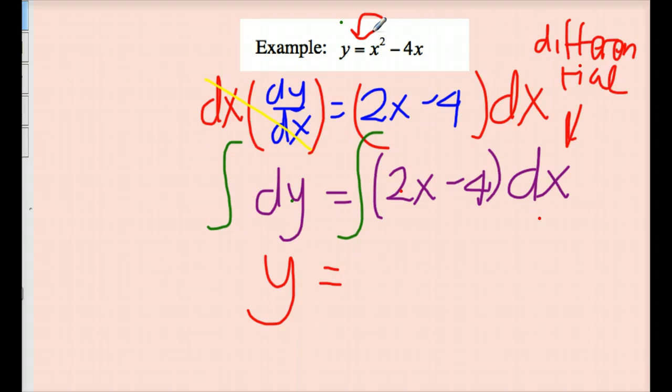So the opposite of that is to add 1 and then divide by the power. So if I were to do this, if I added 1, I would get an x squared. If I divided by the power, 2 divided by 2 is 1. So I don't have a coefficient in this case, or my coefficient is 1, right?